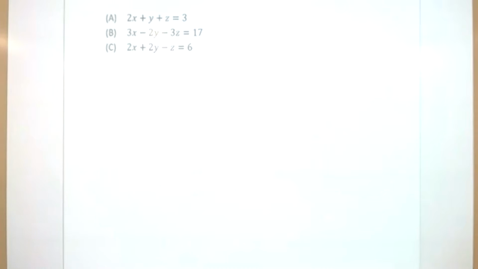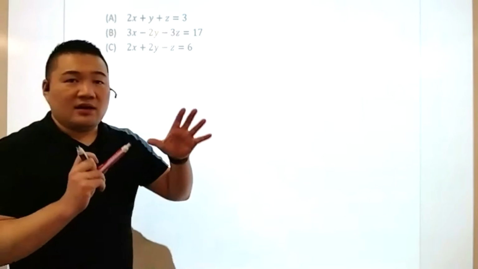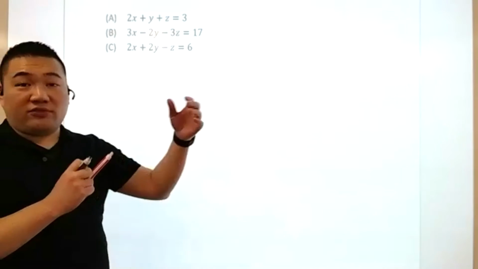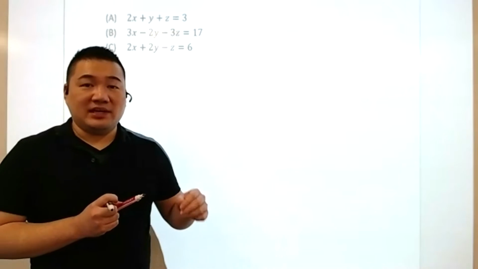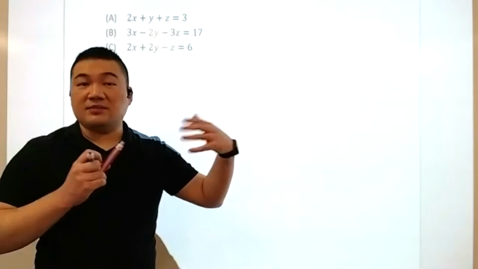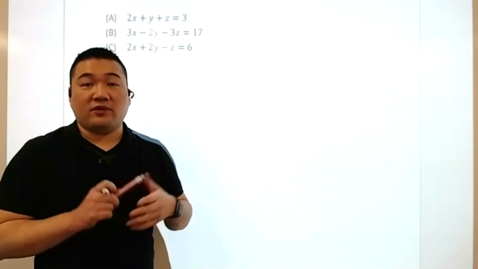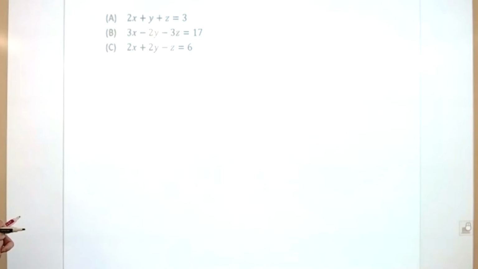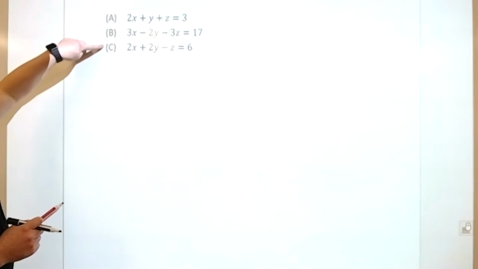Okay, so let's start. Phase one, we're going to eliminate one of the variables. And how I'm going to do that is not by eliminating a variable in all three equations. I just need a combination of two of the equations, and then I'm going to eliminate one of the variables from those two. Just to make things easy, I see that I've got 2x here and 2x here.